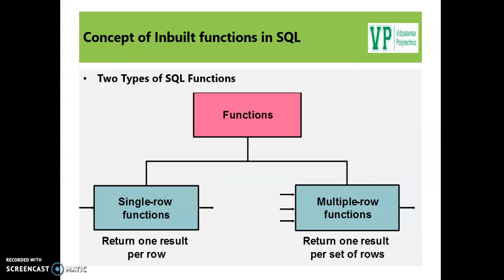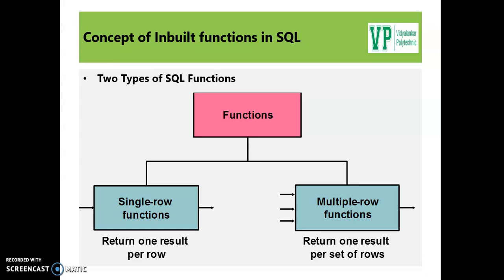So in SQL there are two types of functions. One is a single row function, whereas the second is a multiple row function. For a single row function, you can see it takes only one input and produces only one output.